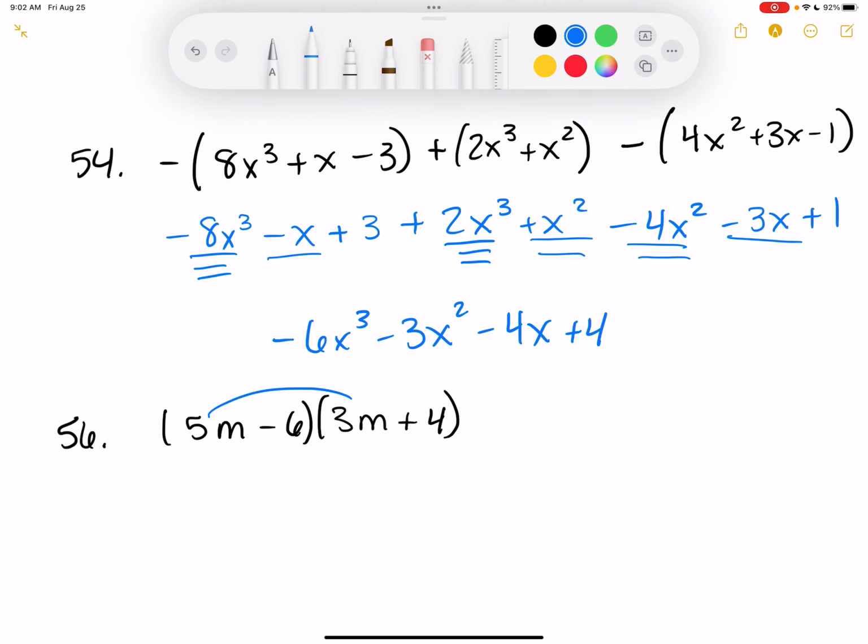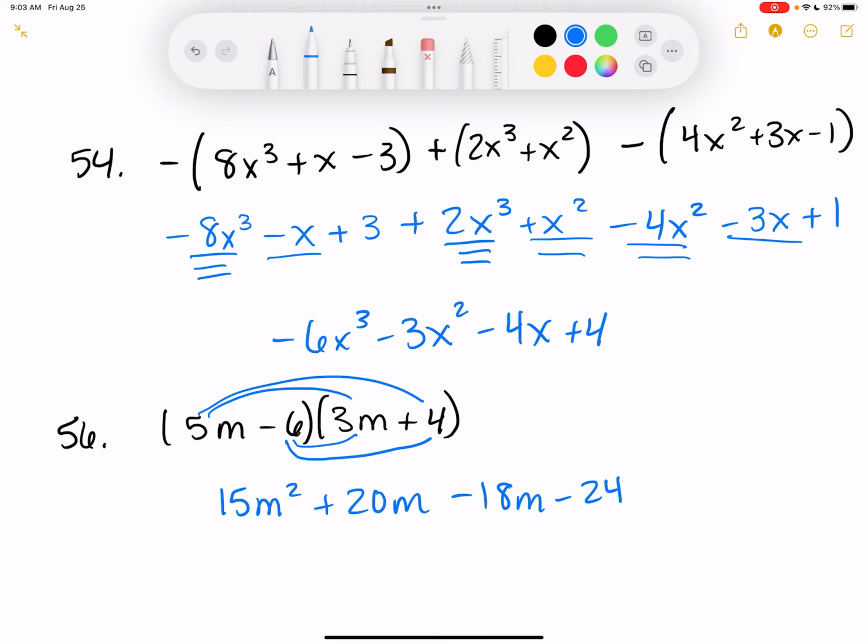The first term is 5m times 3m, which is 15m squared. Then 5m times 4, the outside term, is plus 20m. Then the inside terms, negative 6 times 3m, so negative 18m. Then the last term, negative 6 times 4, is minus 24. And then I combine the middle terms to get 15m squared plus 2m minus 24.